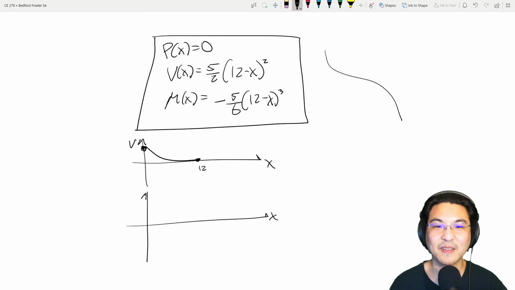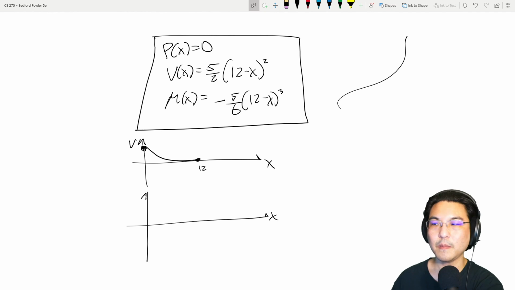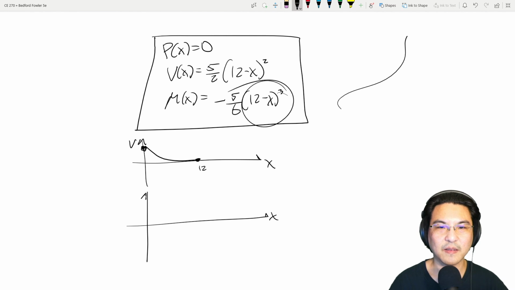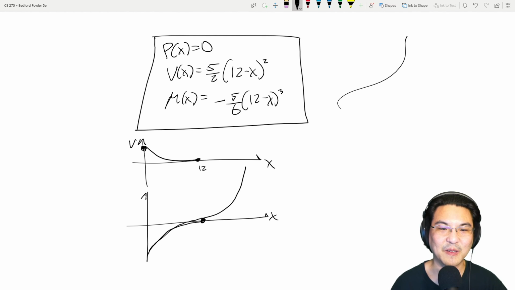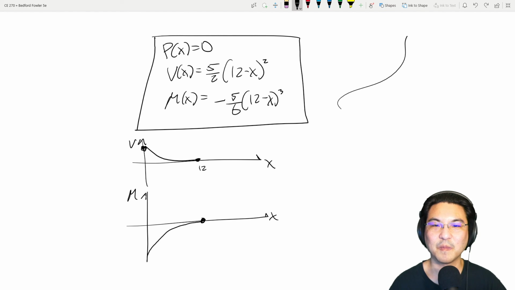Oh, actually, I drew this the wrong way. There's negative, negative, so like this. Okay. So then at x equal to 12, it's 0. So 0, and then it's going to look something like this, right? So then like that. I mean, not exactly, right? Because cubic would look like this. So there we go. So here's shear, here's bending moment.